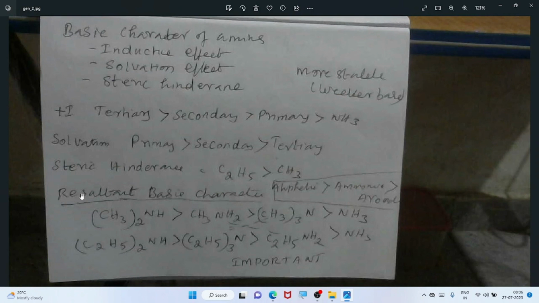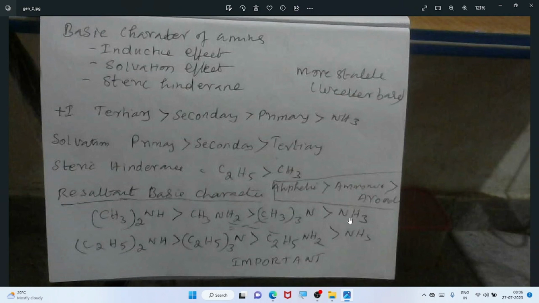Combining all these three properties, inductive effect, solvation and steric hindrance, this is the order of basic strength. We have here two methyl groups, then one methyl group, then three here. You have to combine all these things to find the basic strength.